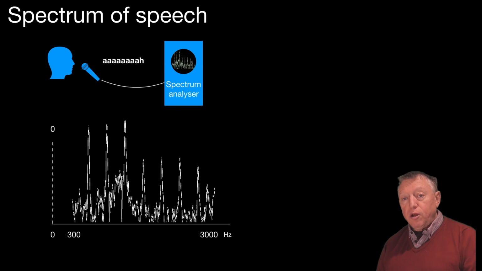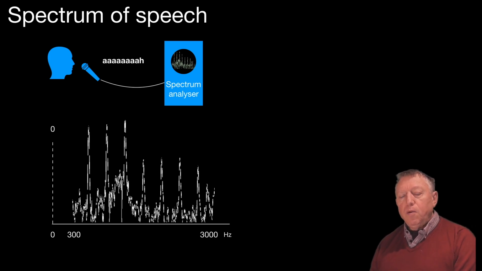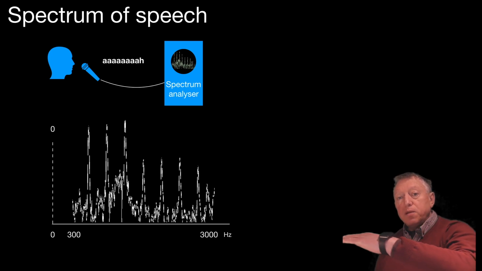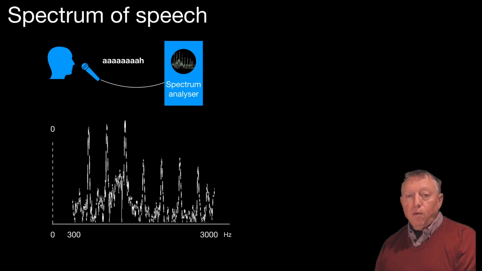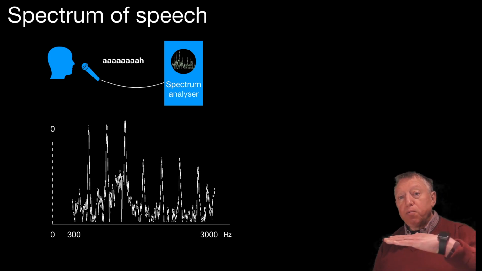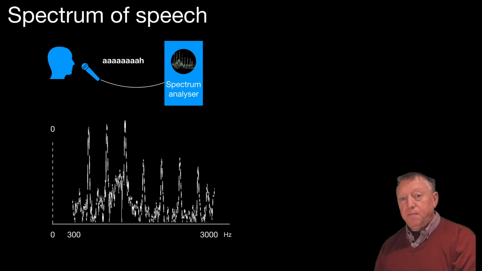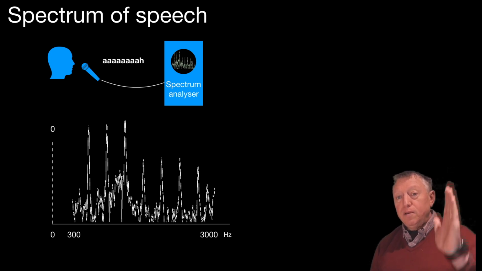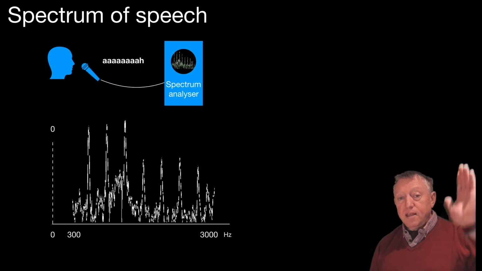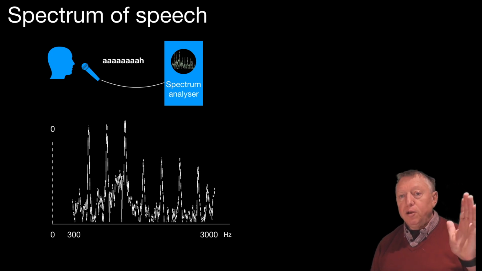Remember that we tend to look at two types of waveforms visually. One is from an oscilloscope, where the x-axis is time, and the other is a spectrum analyzer, where the x-axis is frequency. The y-axis in both cases is level or amplitude.